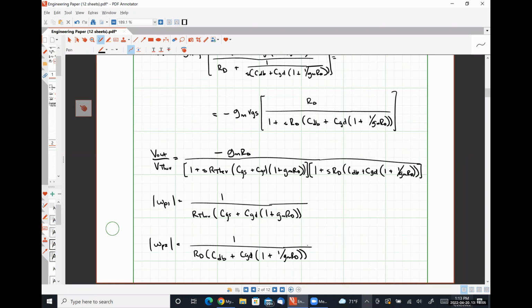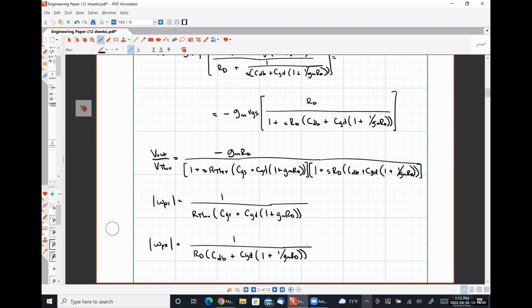All right, so the next thing that we are going to talk about, wrapping up our high frequency analysis of our common source amplifier, is what's called the open circuit time constant method. In our low frequency analysis, we were able to estimate where the midband began by using a short circuit time constant analysis.